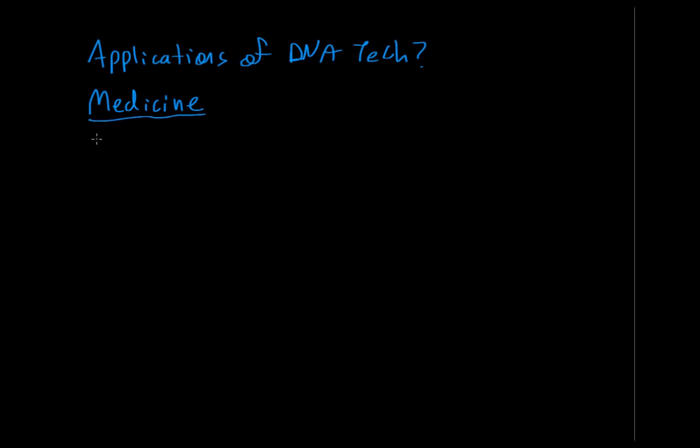Well, one of the two big things where recombinant DNA technology was first used was to create insulin and human growth hormone. Before the advent of recombinant DNA technology, insulin and growth hormone were really hard to manufacture.